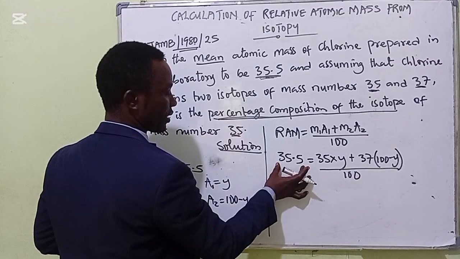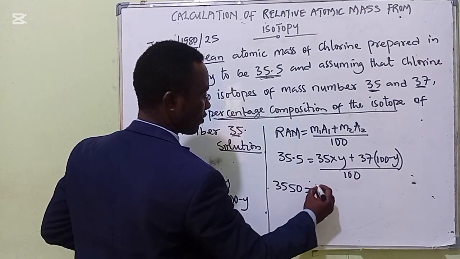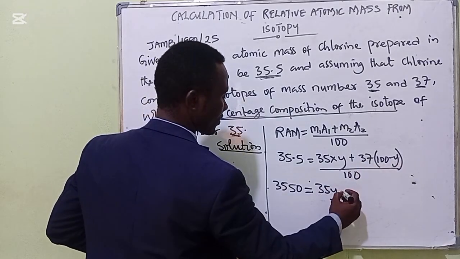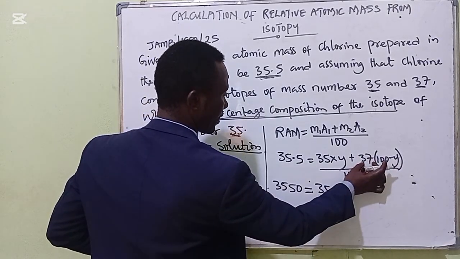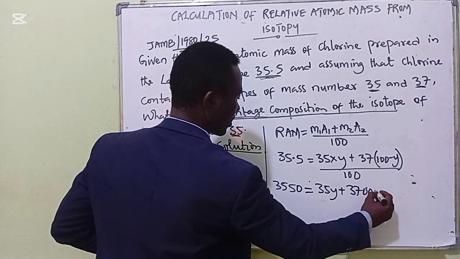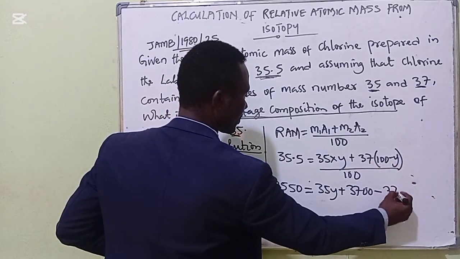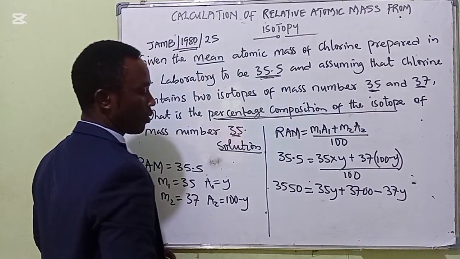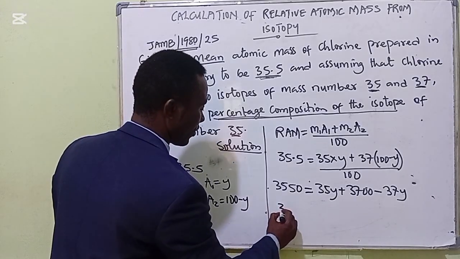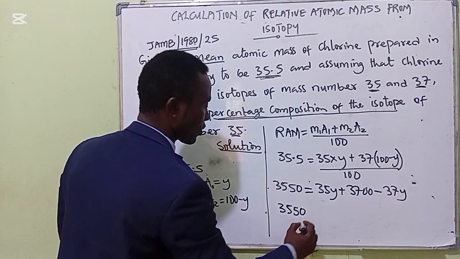That will be equal to 35 multiplied by y, which gives 35y, plus, open this bracket, 37 multiplied by 100 will be 3700, minus 37 multiplied by y, which gives 37y. Now we want to collect like terms. We have 3550.